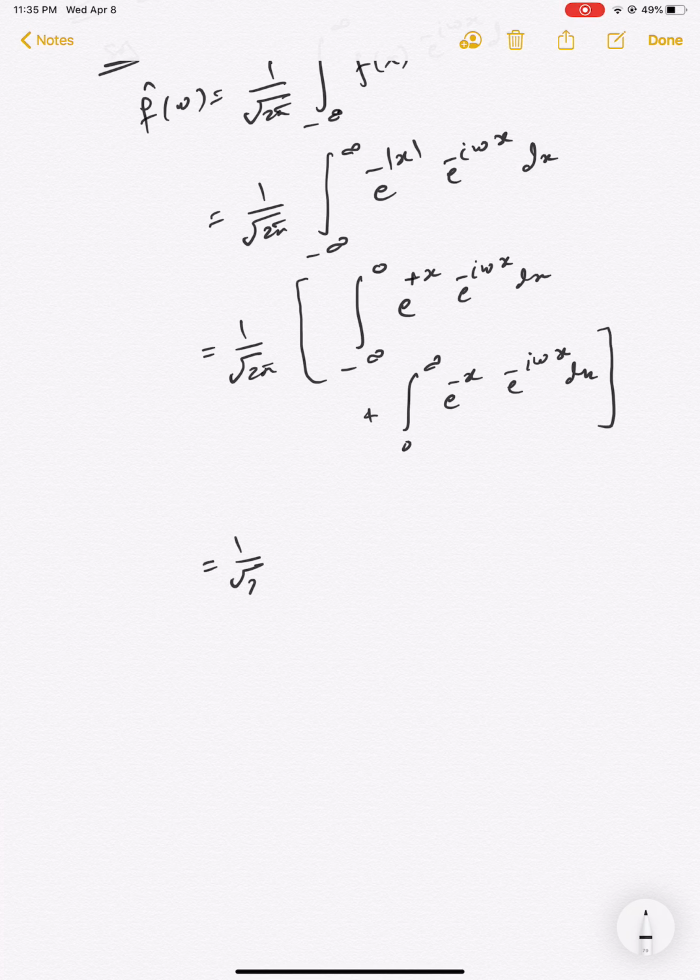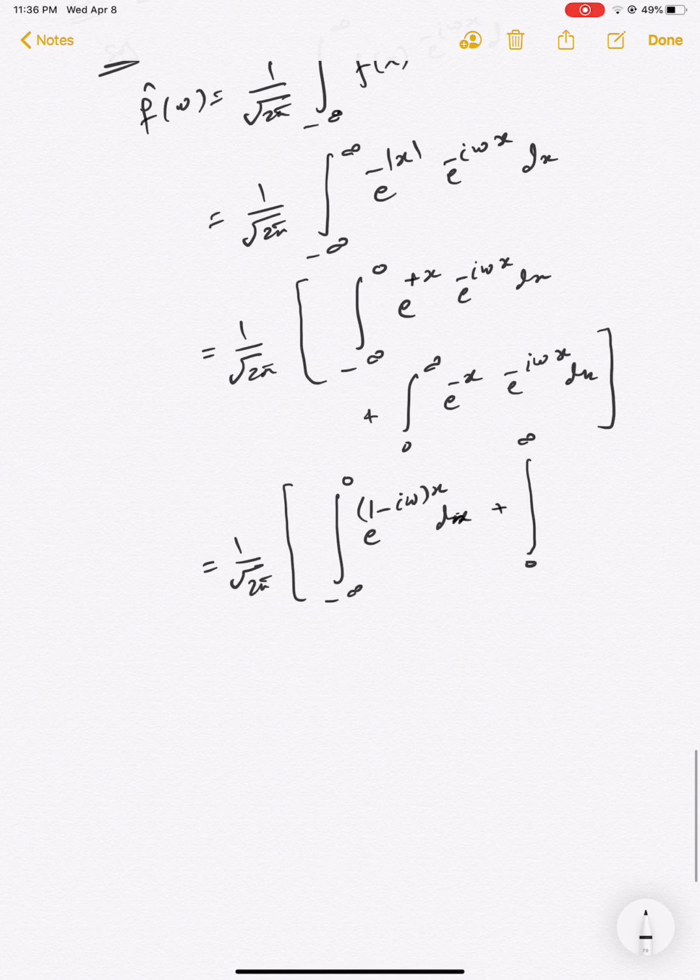So this is 1 over root 2 pi, integral from negative infinity to 0 of e to the, if you take x as a common factor, 1 minus i omega x dx, plus, for the second integral, taking x as a common factor again, negative 1 minus i omega x dx.